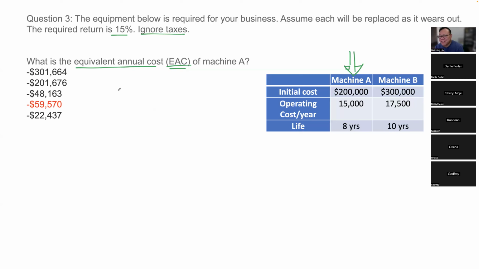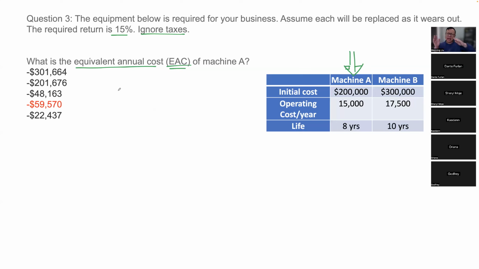But did you notice it's interesting, because the timing are not the same, right? So $200,000 is at the very front. And in the next 8 years, every year is $15,000. But this is one way to think about your cost of owning the equipment. Another way to think about is equivalent annual cost.